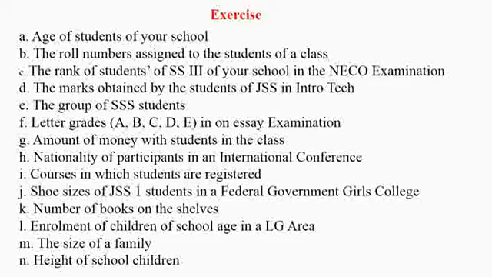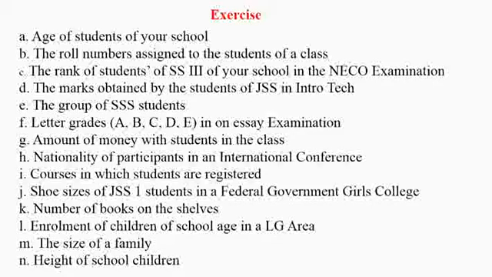Then the G aspect, we have amount of money with the students in the class. That has been answered as well as we were discussing. Please, if you've forgotten, you can take your video back there as many times as possible, listen to that particular aspect again, and you will answer it correctly. So I'm not going to answer that.